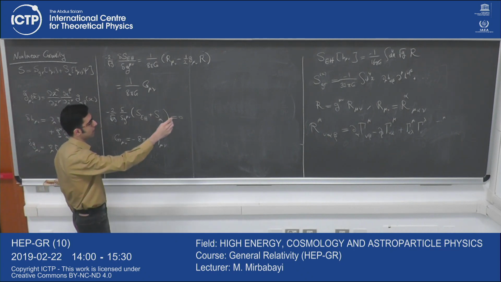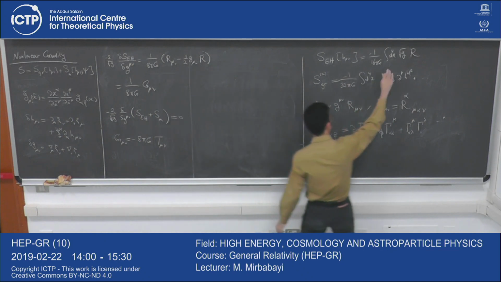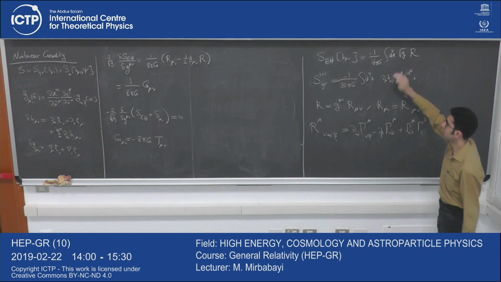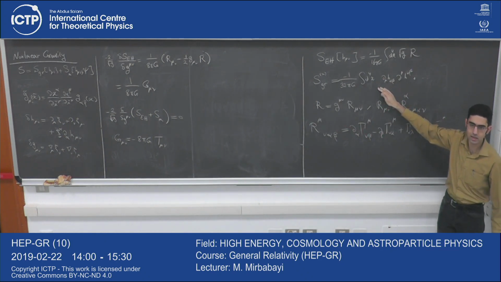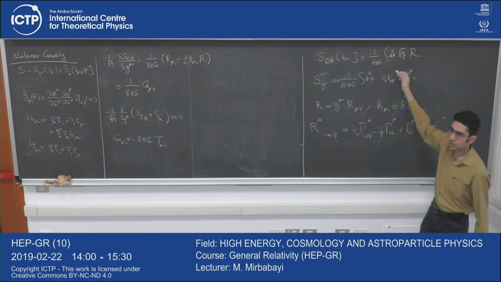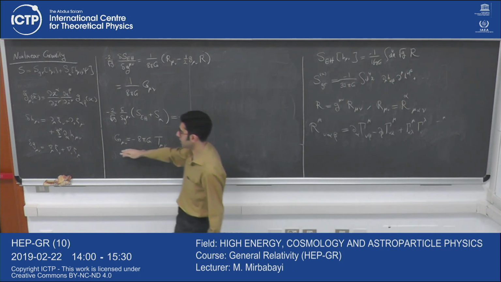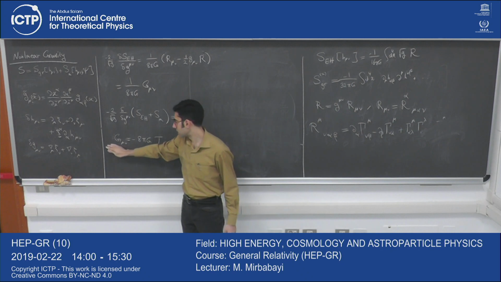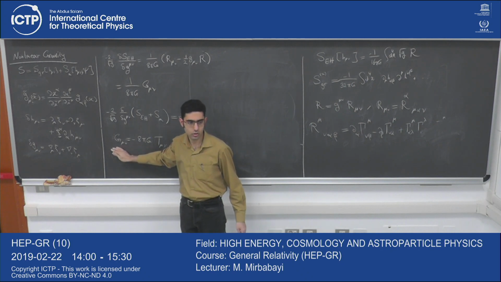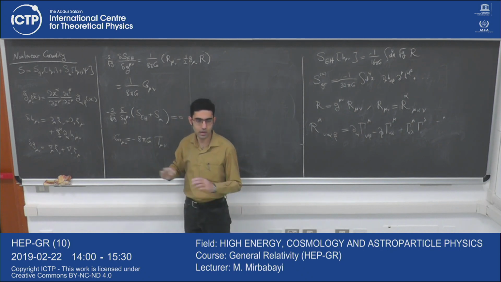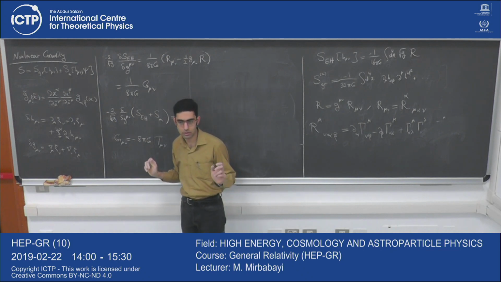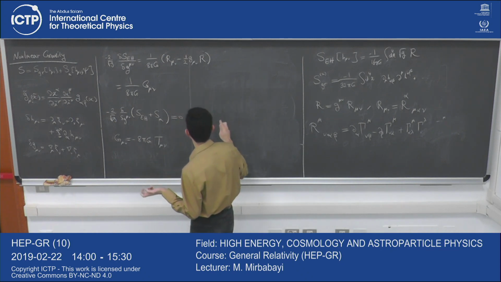And of course, once I said that at quadratic order, this action reduces to the quadratic action as we have, then we are guaranteed that at linearized level, this Einstein tensor is going to reduce to the linearized equation for h mu nu that we had. And indeed, it's the case.